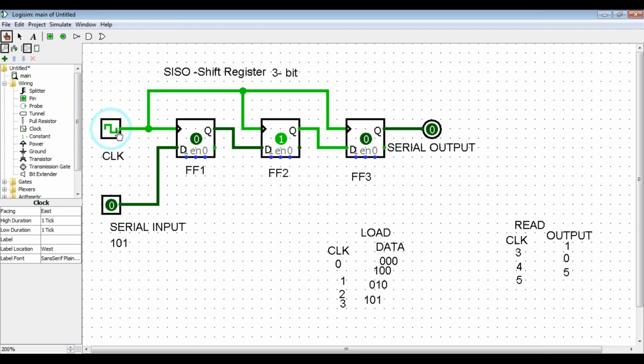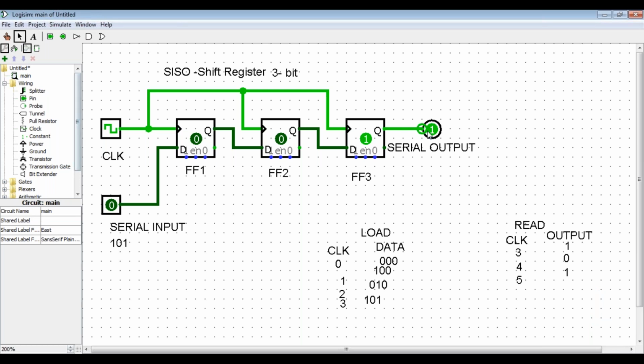If I am applying the fifth clock pulse, I will get 1, that is my MSB.